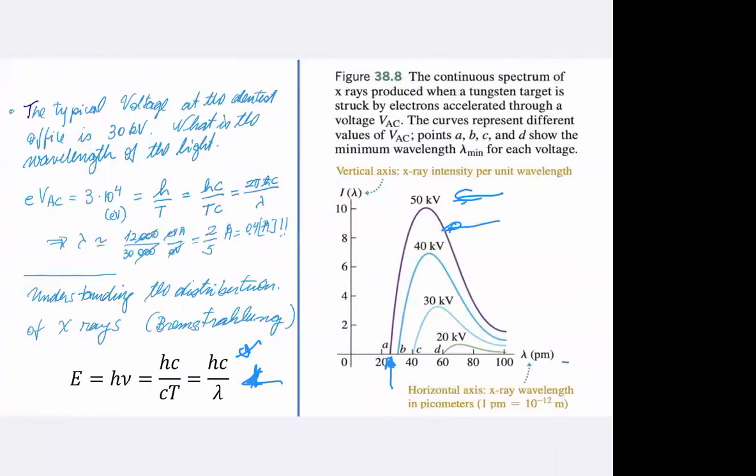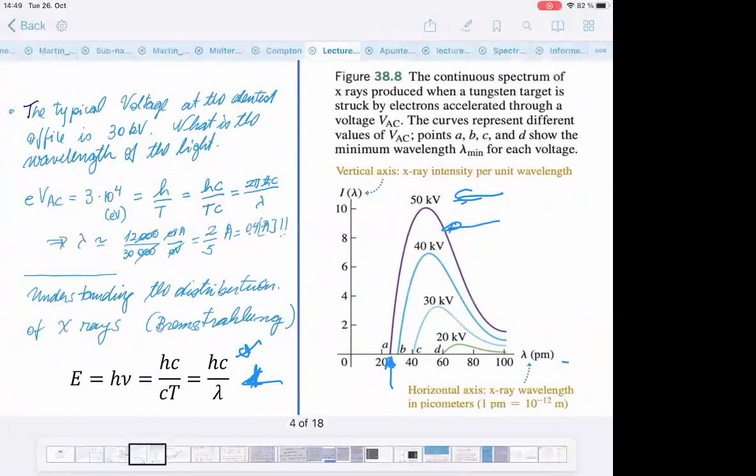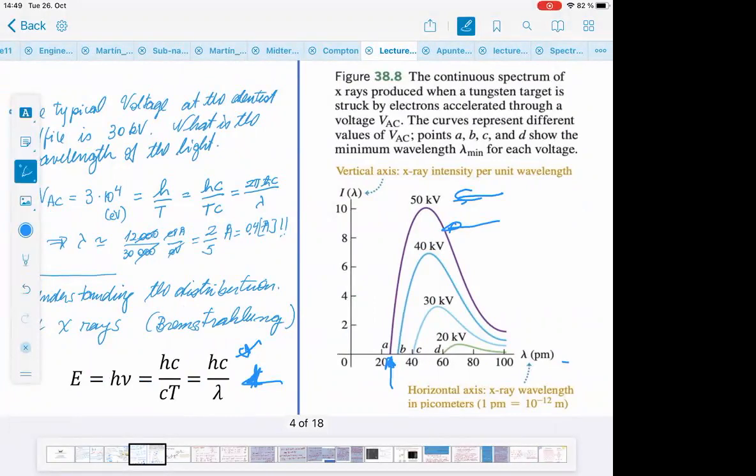I didn't write this up. Let's write it up. So what is the expression? The expression is h nu max, the maximum frequency, is equal to e times the applied voltage.